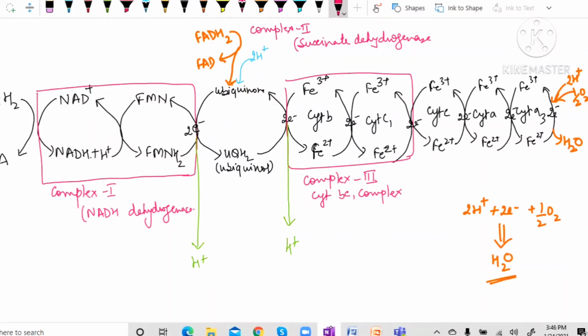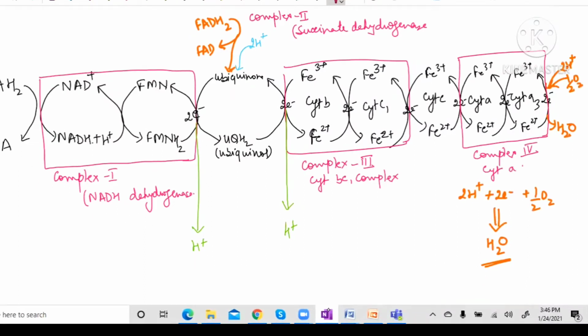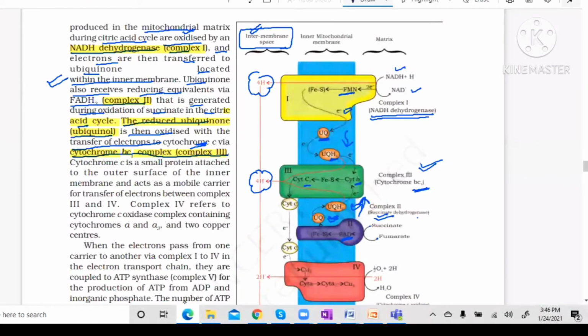So this is your complex 4. Complex 4 is your cytochrome AA3. This is your complex 4, that is cytochrome AA3. Is it clear? Now see carefully.